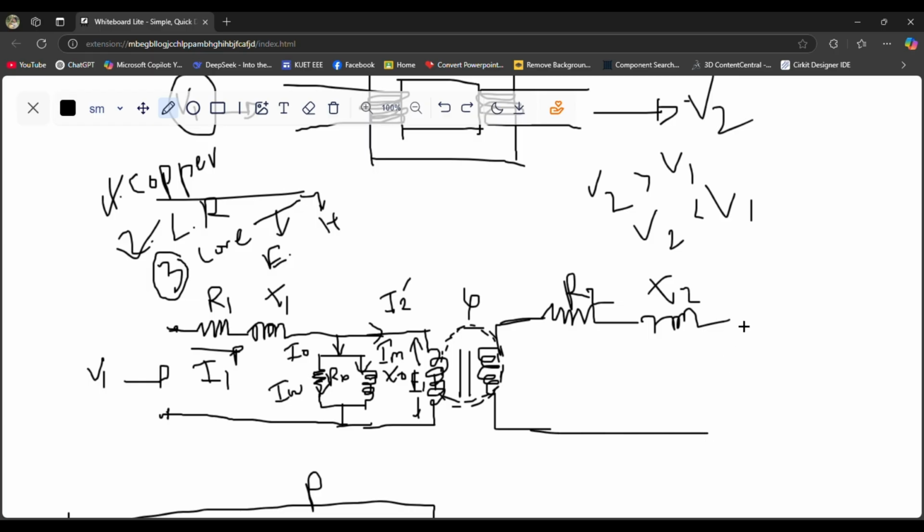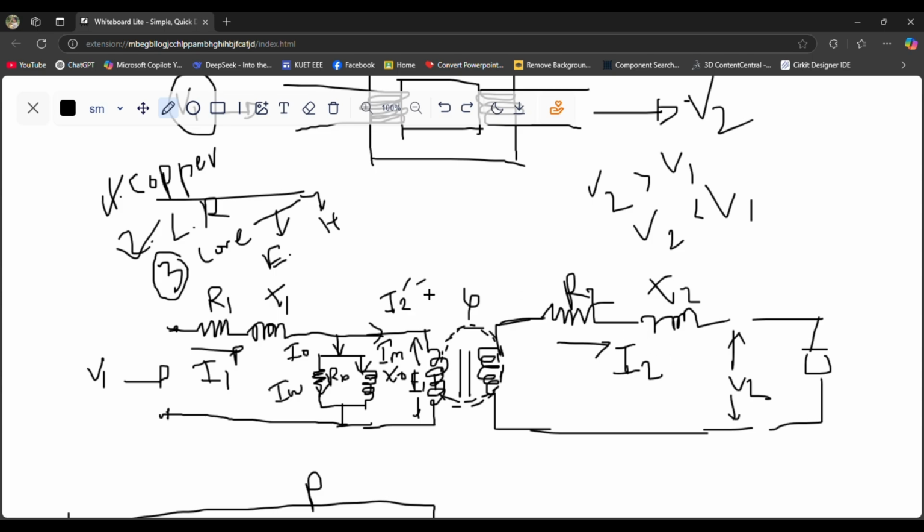And then we will have the output voltage V2. Then if we connect any load at the output side, there will be a current flow which is I2, and this I2 prime is the image of this I2 in the primary side.